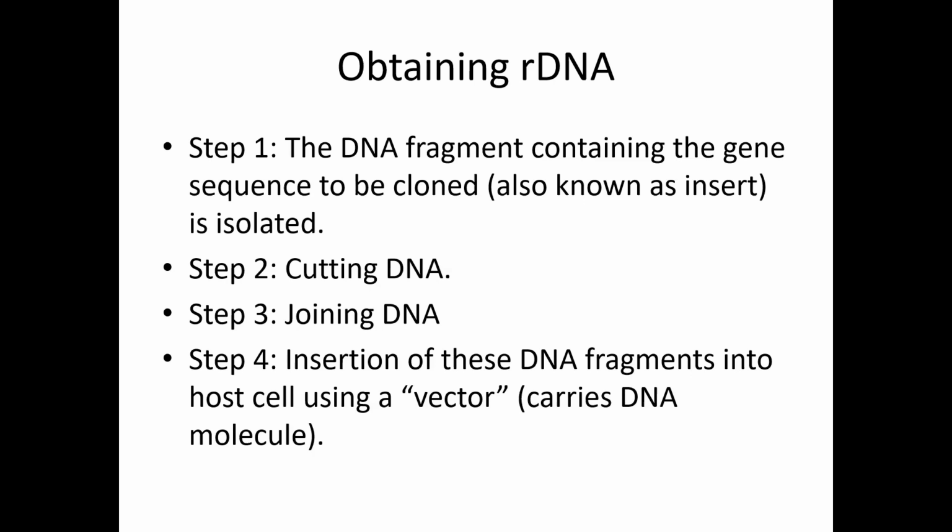So after joining DNA, what we are doing? We are inserting the DNA into a host cell through a vector. Vector means what? It acts as a vehicle which carries a DNA molecule which we want. So that vector will be usually the plasmid of a bacteria.